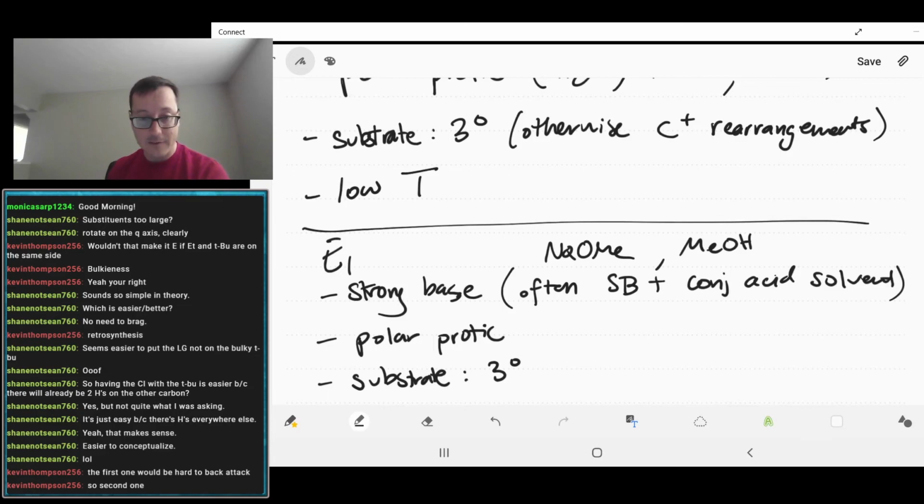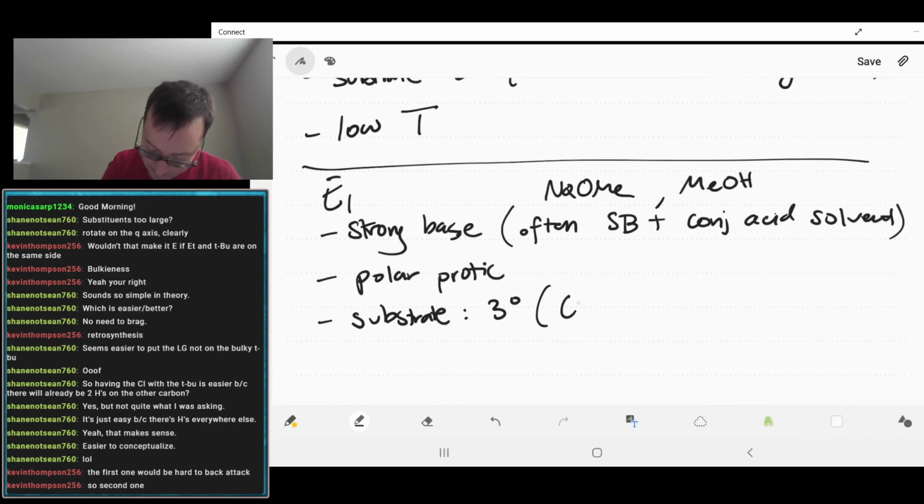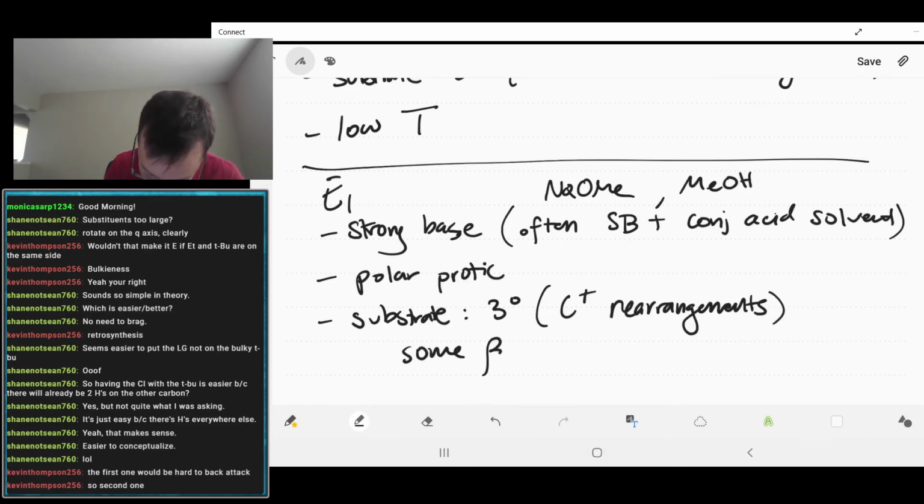Substrate. Again, you ideally want this tertiary. You do need beta hydrogens, but remember, migrations happen, so you probably will end up with all sorts of stuff. It depends if you're eliminating: if your leaving group leaves and there are no beta hydrogens, you're probably not going to eliminate.